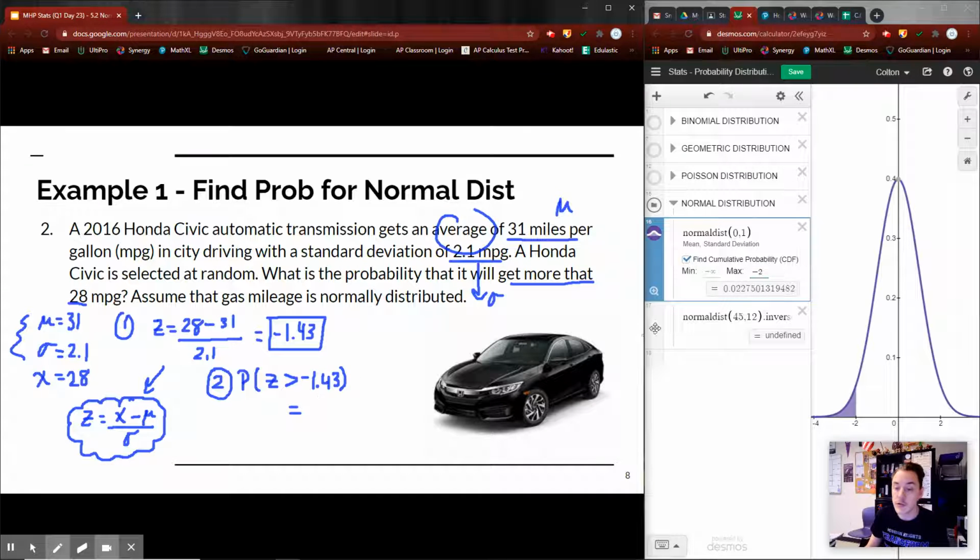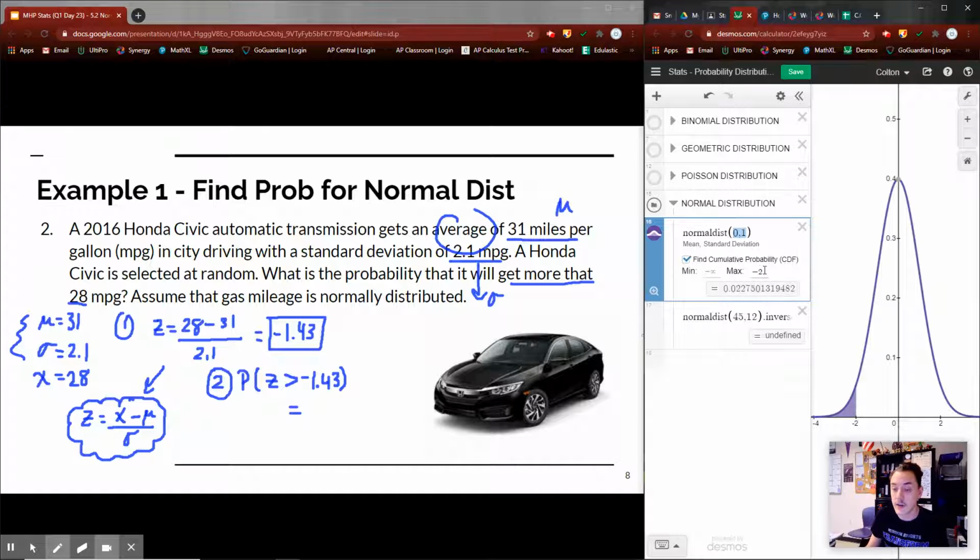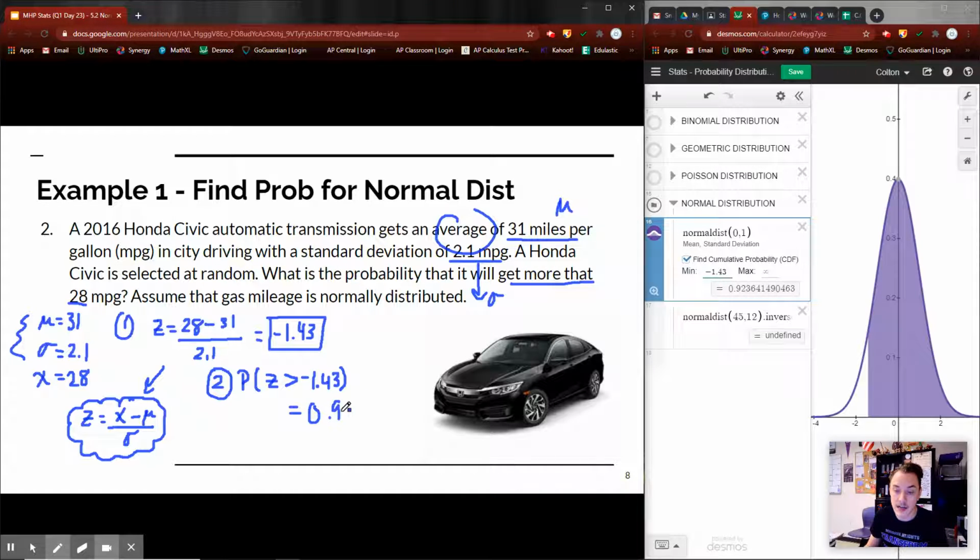I would go to Desmos right here. I already have this as a standard curve, 0, 1, mean and standard deviation respectively. Now I want more than that, so my min will actually be negative 1.43. So what is that? That is 0.9236.